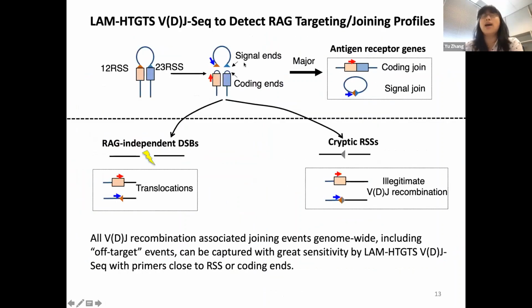With this, when we place a bait primer next to a signal end or a coding end RAG break, we are able to capture all of the breaks genome-wide that join to this specific RAG break. This includes breaks from other sources or breaks at cryptic RSS, and of course, also all of the on-targets.